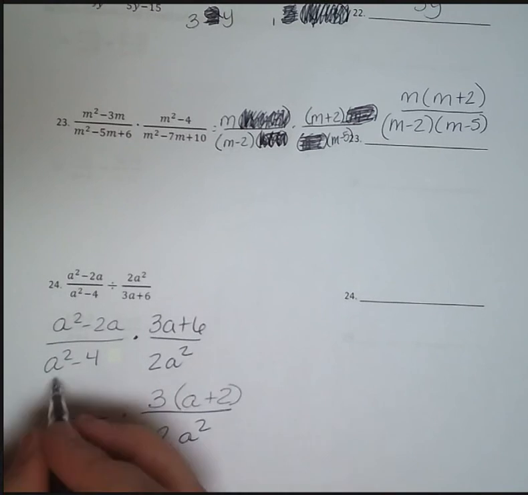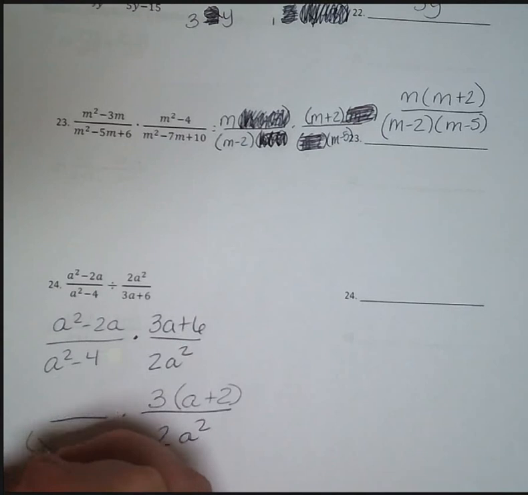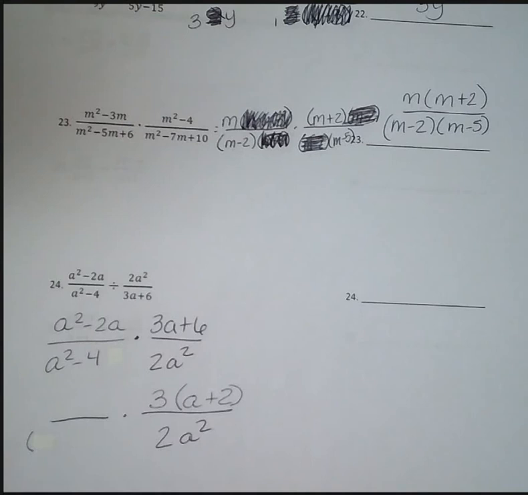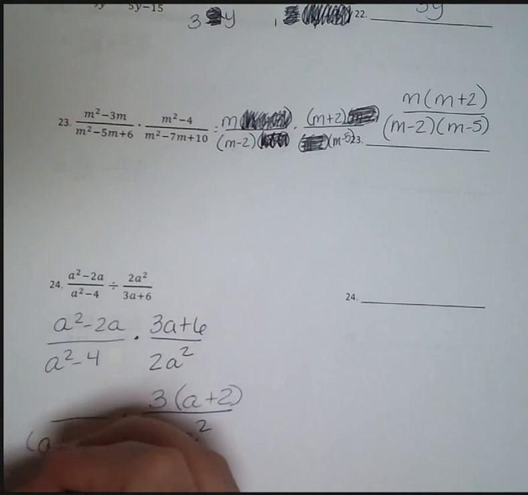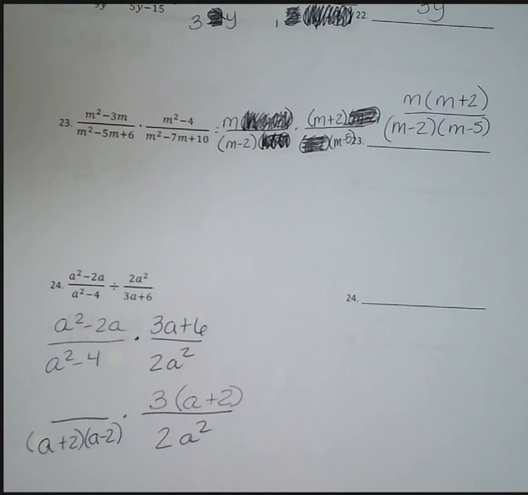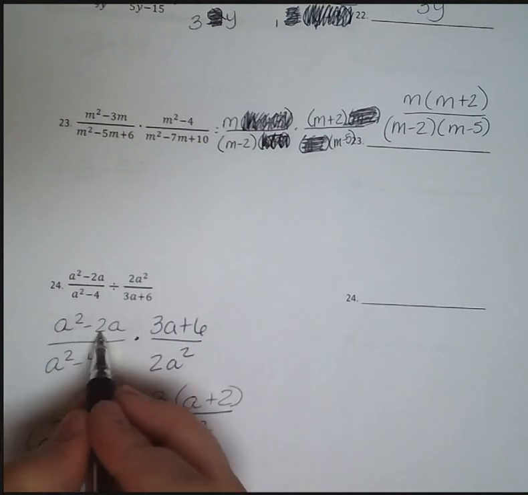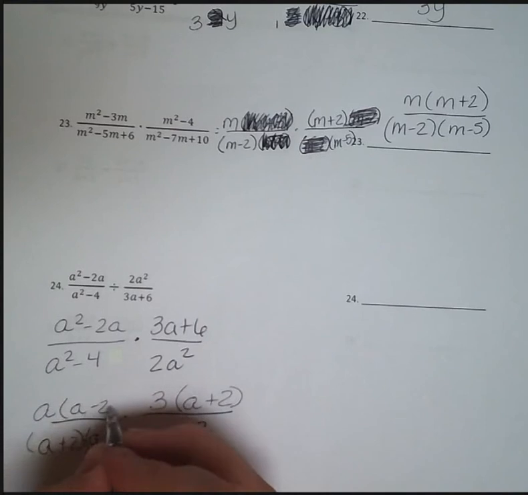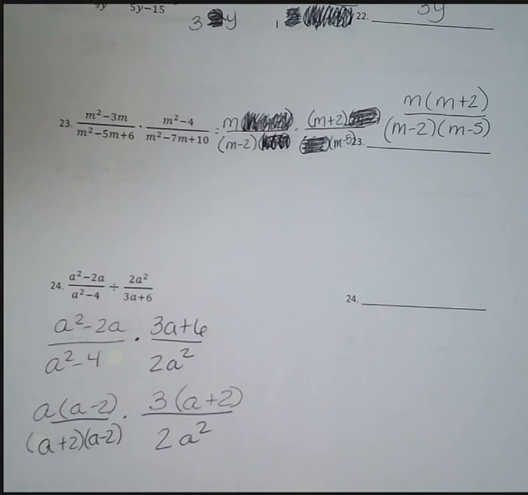A squared minus 4 would be, oops, that would give me an a plus 2, a minus 2, that's my difference of squares, and then a squared minus 2a. You pull out an a, and you're left with a minus 2. So now we are going to simplify what we can.